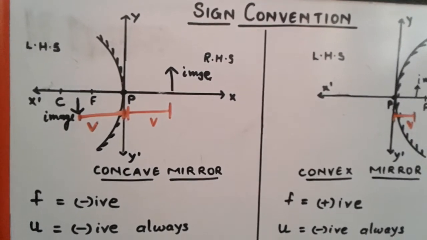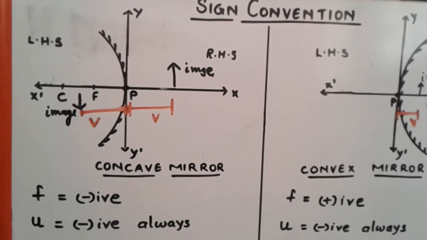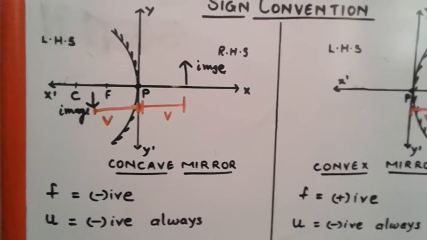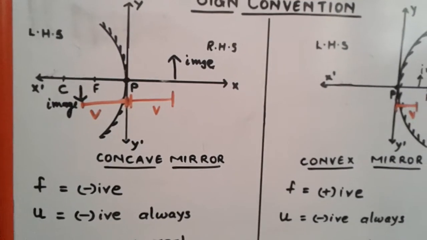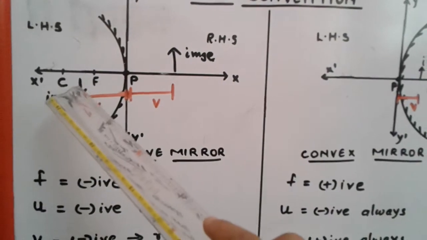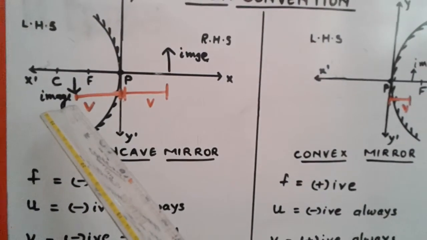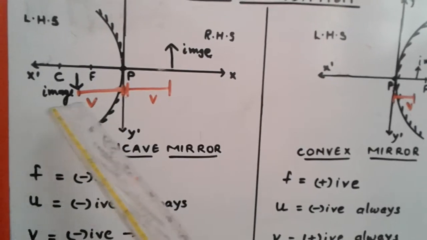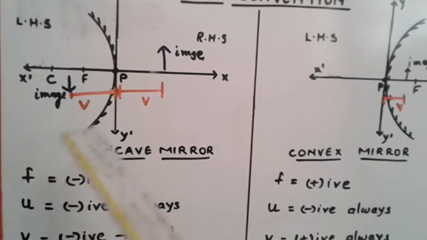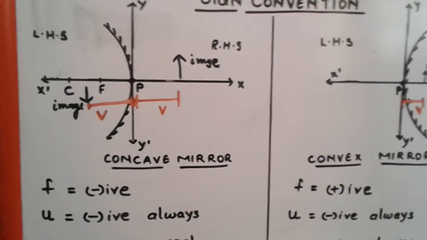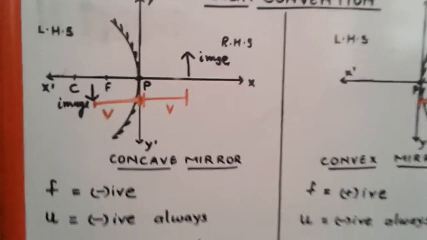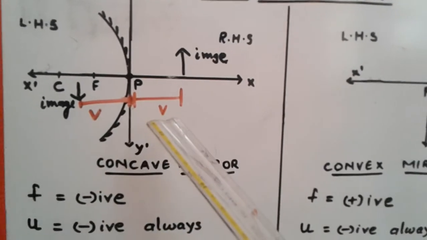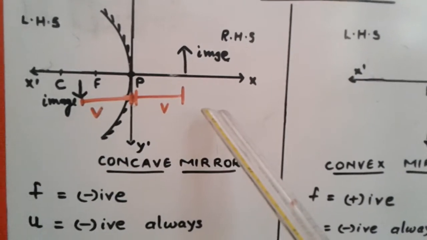I have not attached it to the principal axis because this is not the actual ray diagram. We have just assumed that if the image is formed somewhere here, then the distance from the tip of the image to the pole will be known as v. Similarly, for the last case of the concave mirror, the image distance from the pole is taken to be v, which is falling on the positive x-axis.